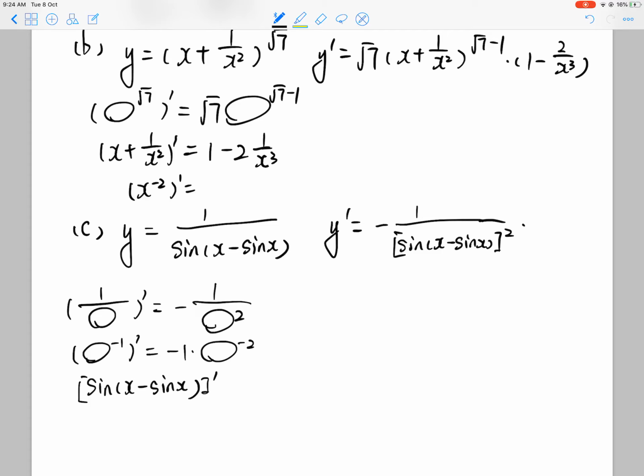From outside to inside, the first function you encounter is sine something, and its derivative is cosine something. So you write down here it's cosine something, also here cosine of x minus sine x.